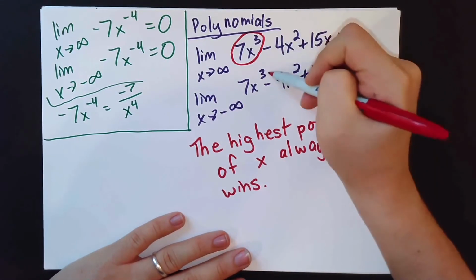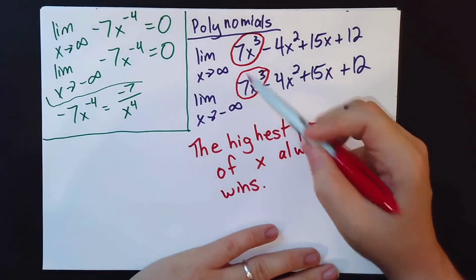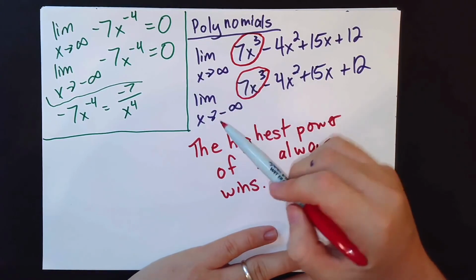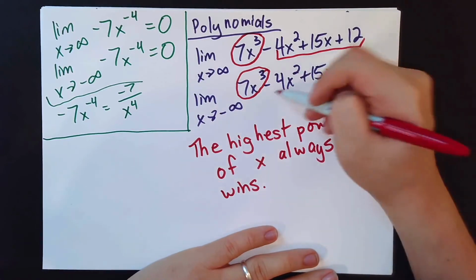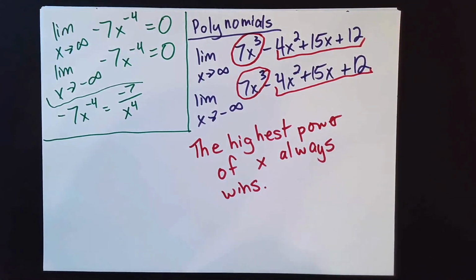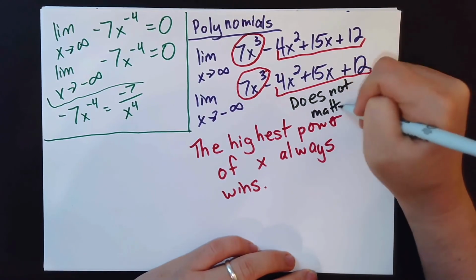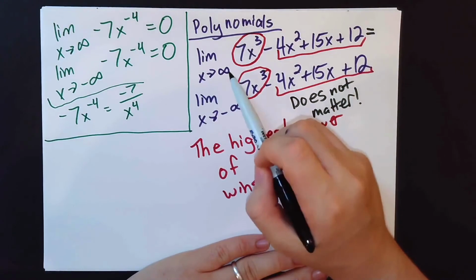So in that case, that's this x cubed term. That means that when I calculate this limit, it works out exactly the same as if none of this was even here. Okay, so this stuff underlined in red, that stuff just does not matter at all. So I treat this just like I was looking at 7x cubed.